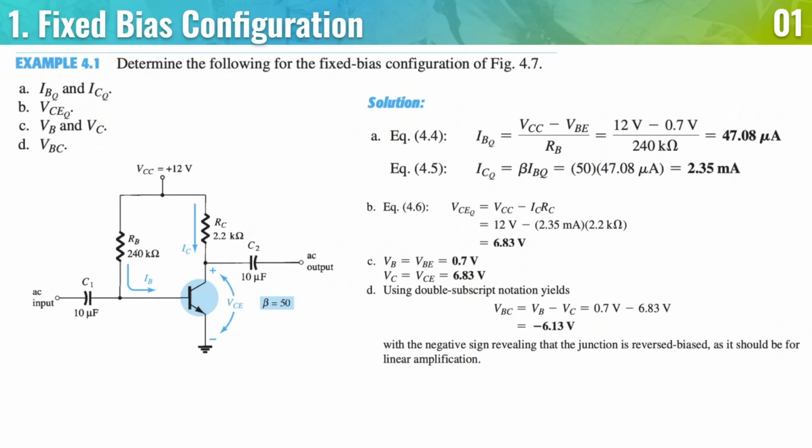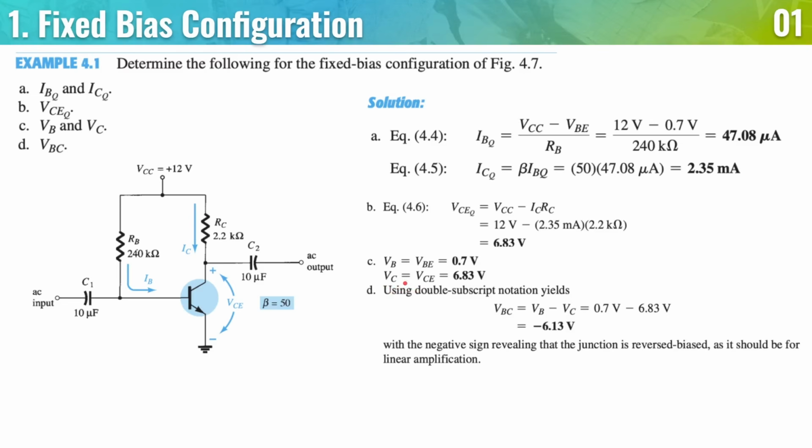Now here is something I want to clear up from the last video. VBE and VRB are different. VRB is the voltage at the resistor. Meanwhile, VB is here, the voltage at the base, near the BJT.